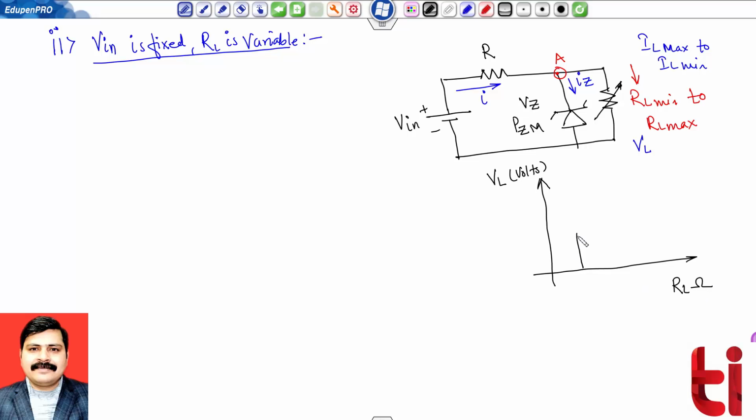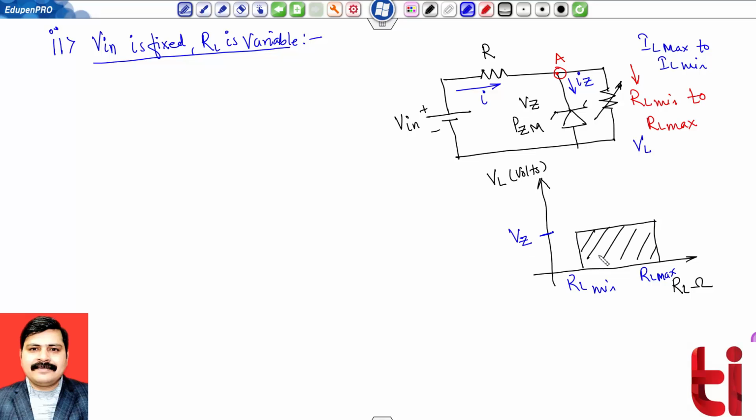I want to find the range of load resistance RL, where this is RL min and this is RL max, so that my output voltage equals Vz.